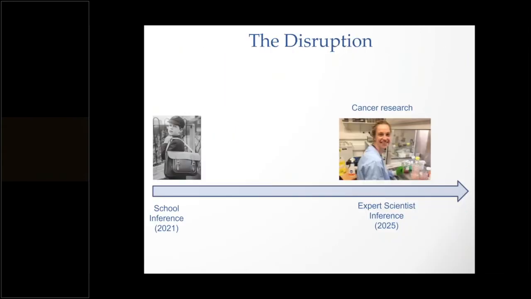To state it very clearly, the disruption opportunity that we'll see in the following years is to move from school level inference, which is more or less the state of the art in NLP today if we think about abductive natural language inference, to more expert-driven types of inference.